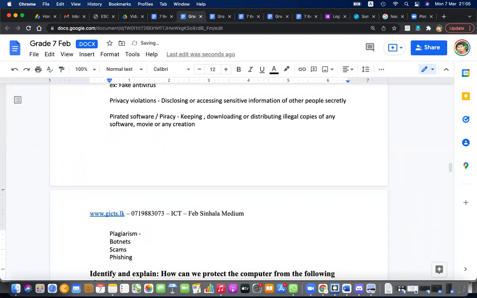Plagiarism. Copying someone else's text from a document or book without citing or acknowledging.